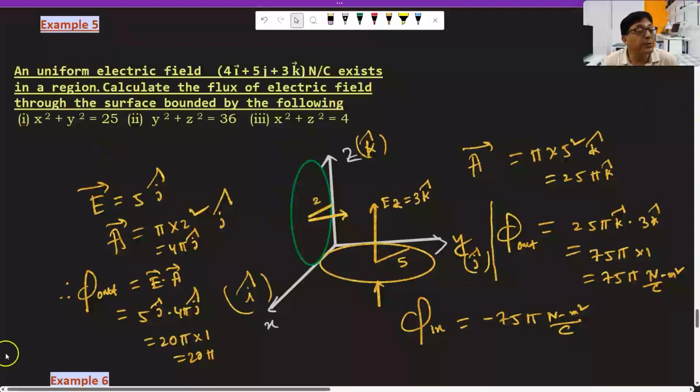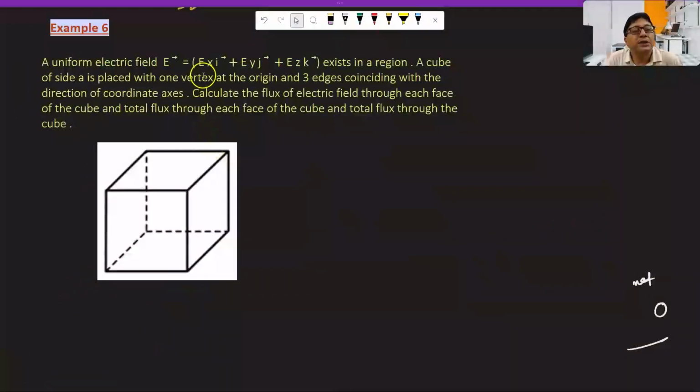Hope you have understood. Now, E equal to Ex i, Ey j, Ez k exists in a region. A cube of side a is placed with one vertex at the origin, and three edges along the direction of the coordinate axes. This part is the origin, this one is y, this one is x, and this part is z.